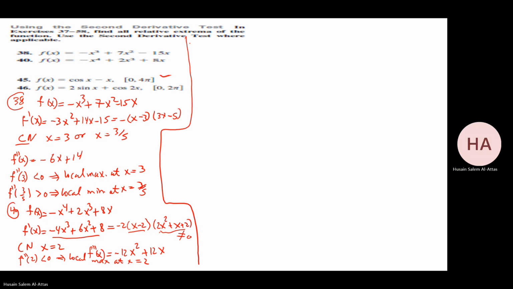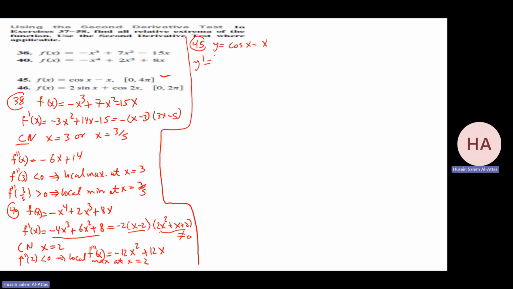45. Let me write it y at the same time. Cosine x minus x. Yeah, you should notice one thing quickly. Y prime will be what?